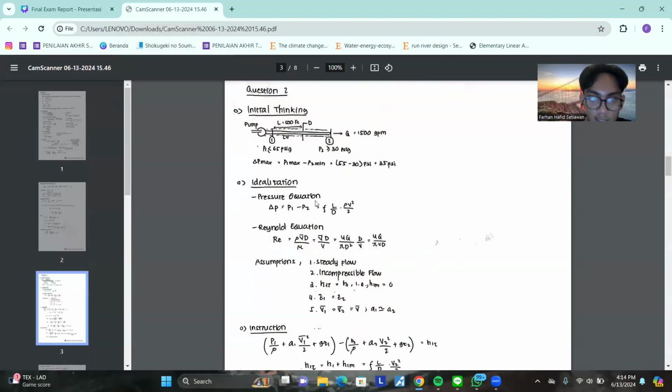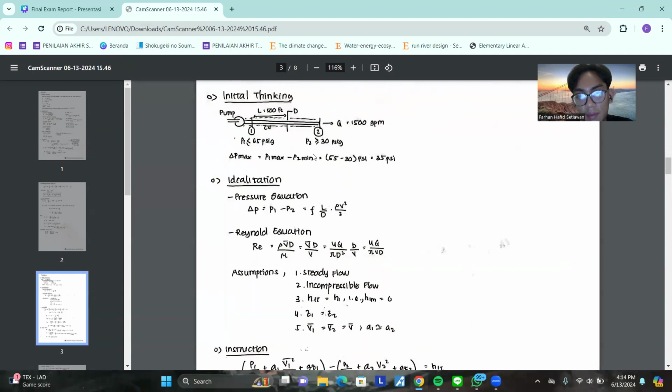Okay, first the initial thinking. We make a free body diagram for this question. As we know, the pump flow is Q equal to 1500 GPM, with a length from 1 to 2 of 1500 feet, and P1 is equal to 65 psig, and P2 is greater than 30 psig.